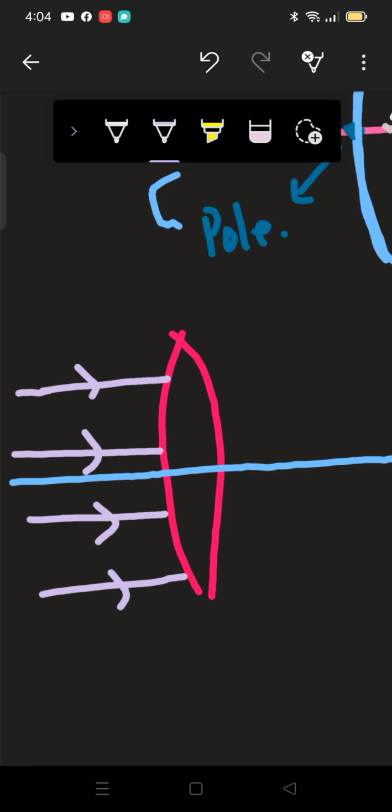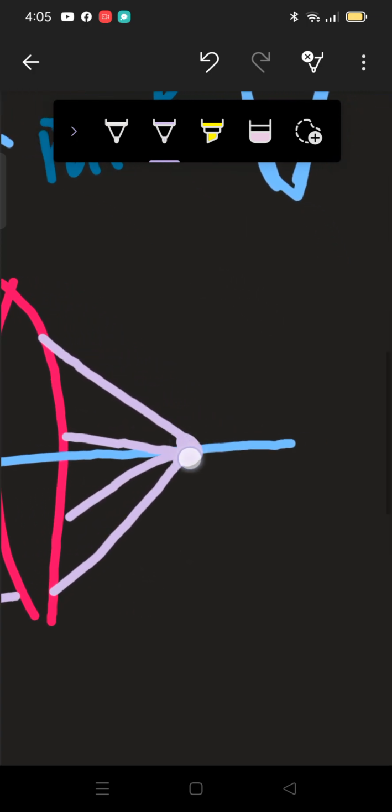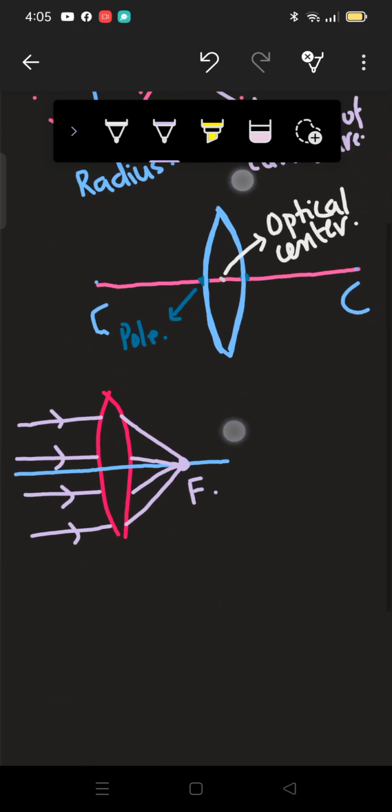A convex lens is also known as a converging lens. So this converging lens will converge all these rays and form the image at the focal point. They would all converge and meet here. This meeting point of all these converging rays is known as the focal point or principal focus.